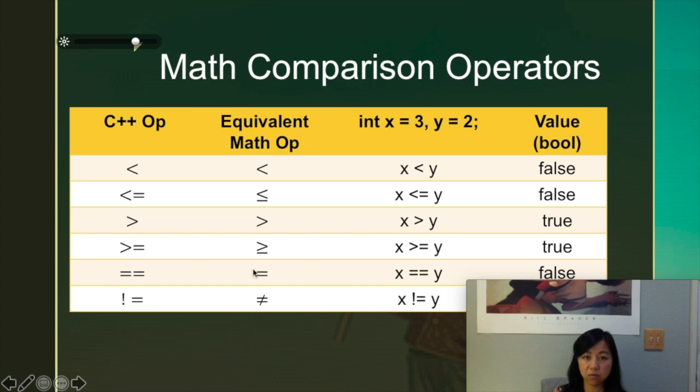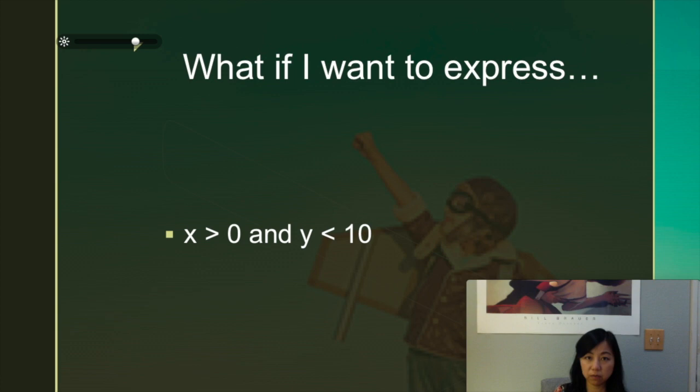Testing whether something is equal is actually like this in math, but we are using this as the assignment operator, and that's why in a C++ program we use double equal. And so you see this is a Boolean expression because it can be evaluated to true or false. 3 is smaller than y is false, right? So we won't go over it because we did already.